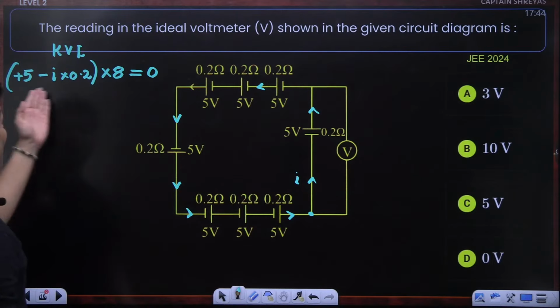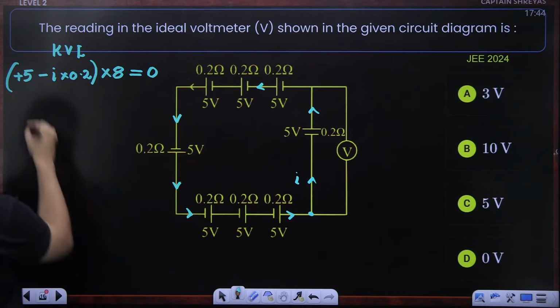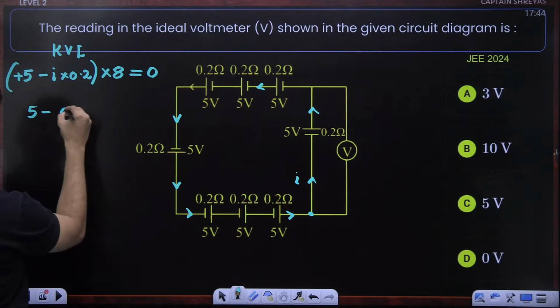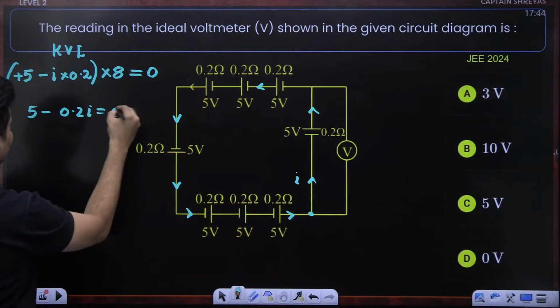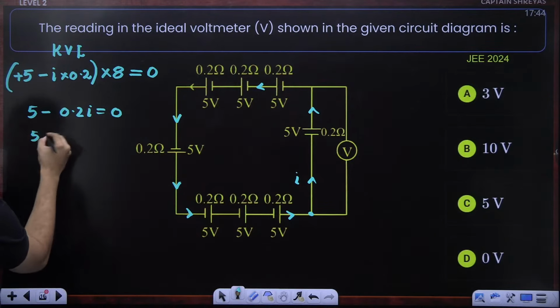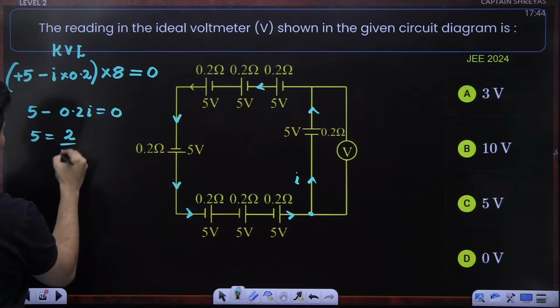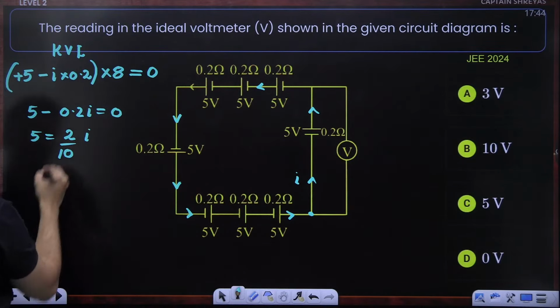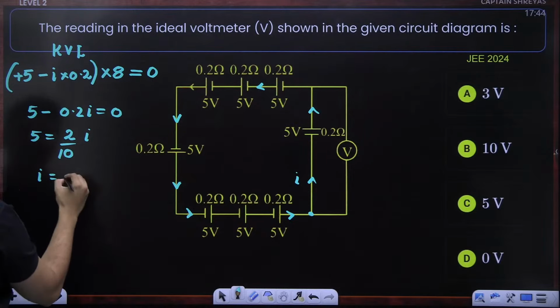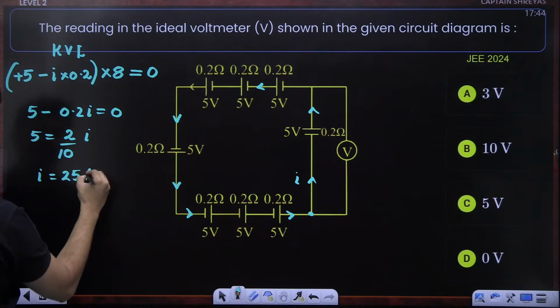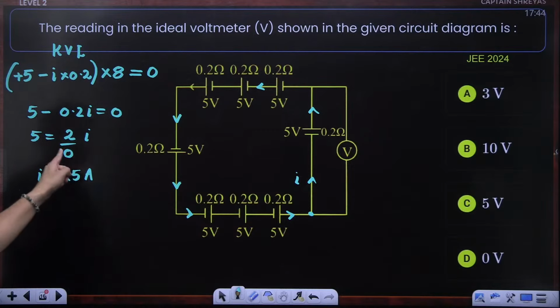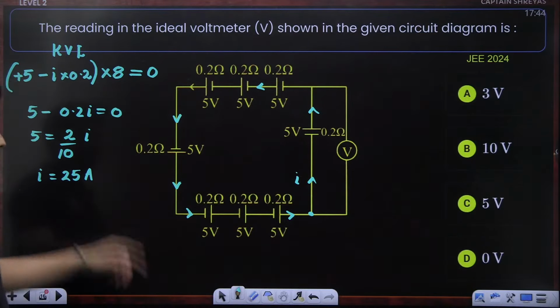So 5 minus 0.2 I is basically 0. Shifting it to the other side, 5 is 2 divided by 10 into I, so I is 25 amperes.